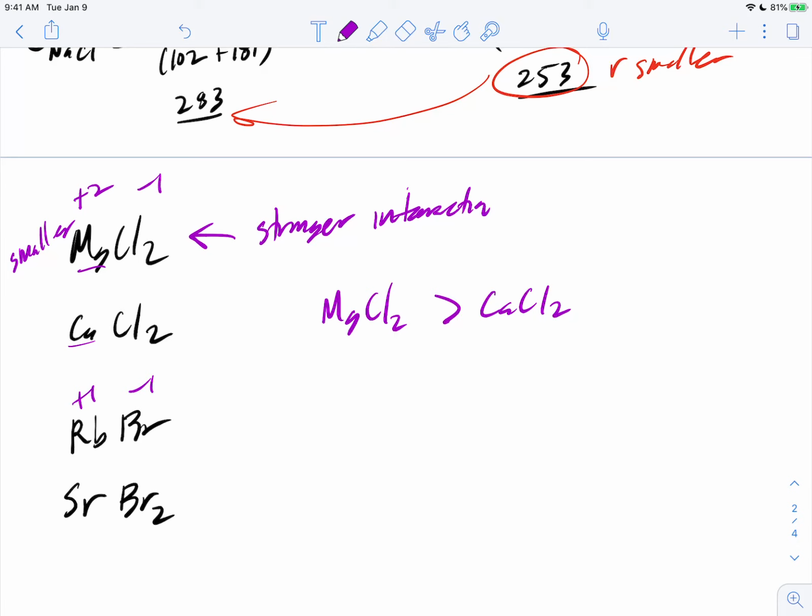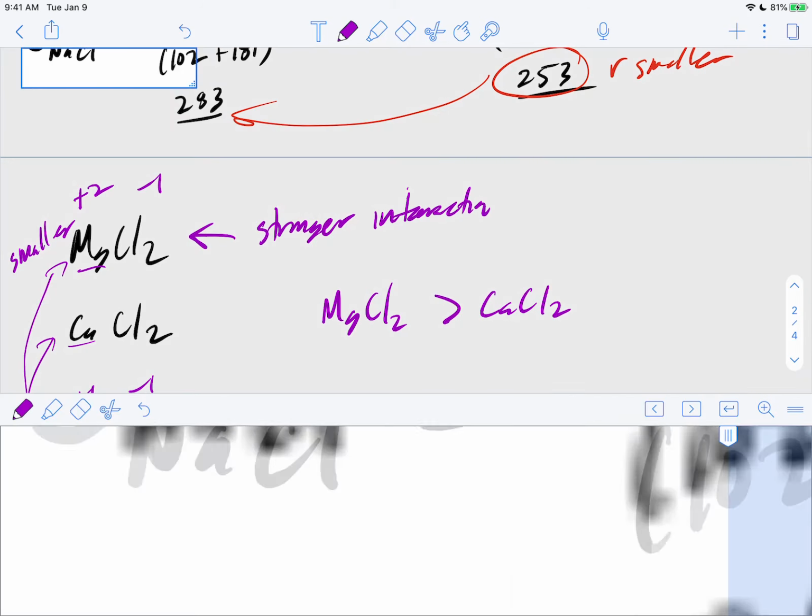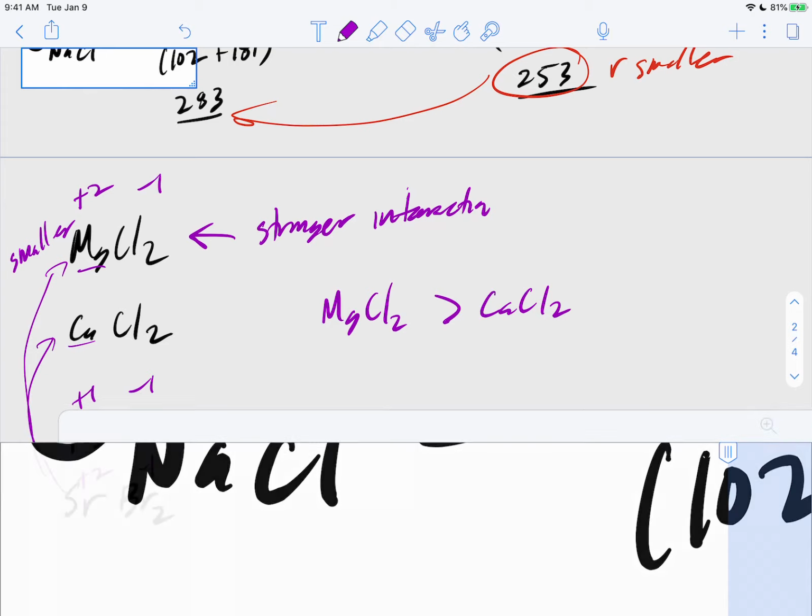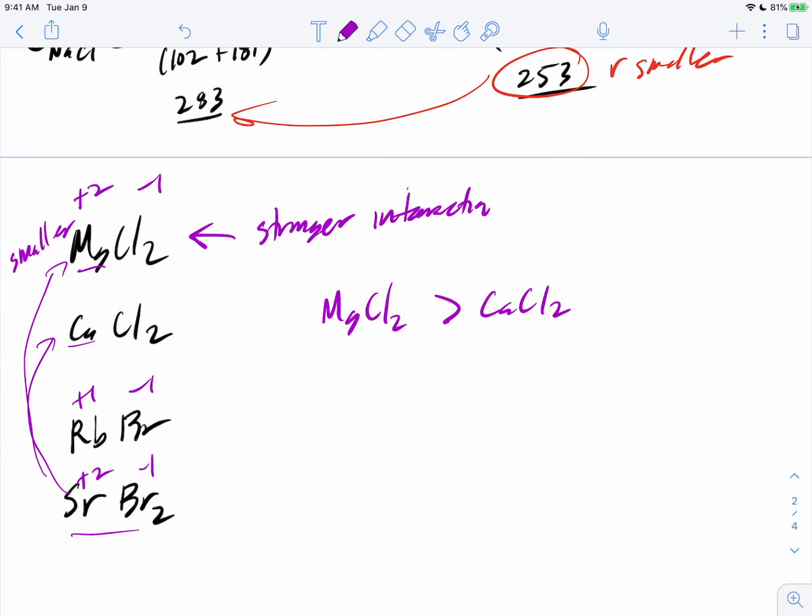Now, if we look at strontium bromide, it is +2 and this is -1. So the same as these two, but it's farther down. So we still have this +2. Now, how much does size play a role and how much does charge? It's not clear.